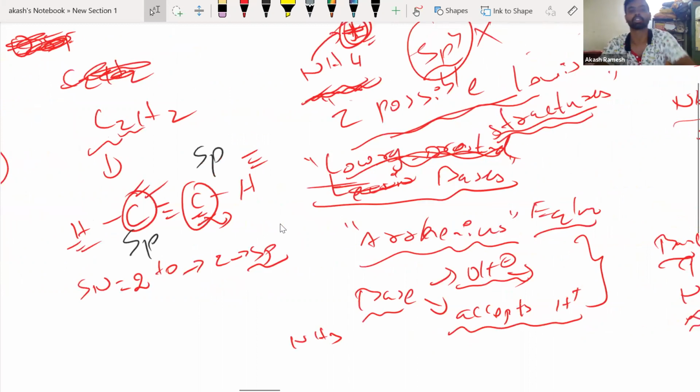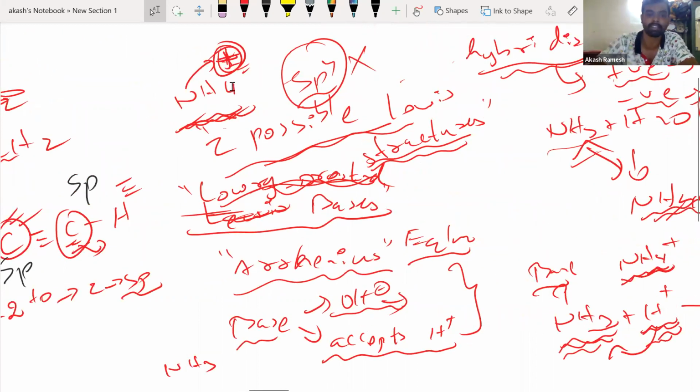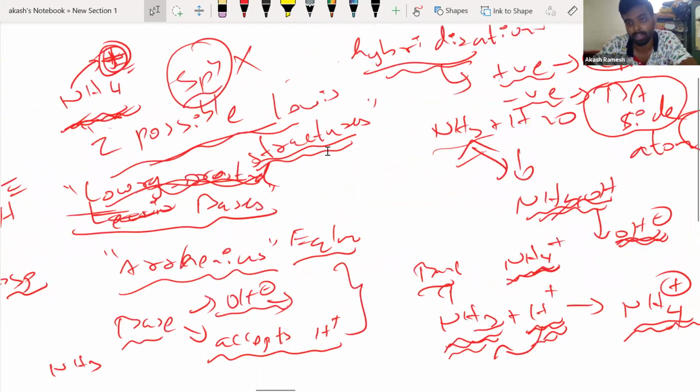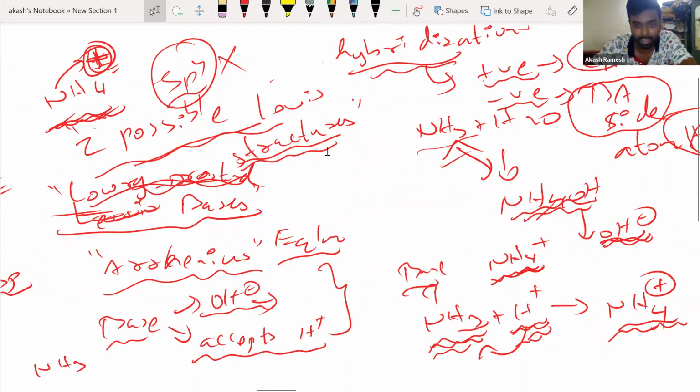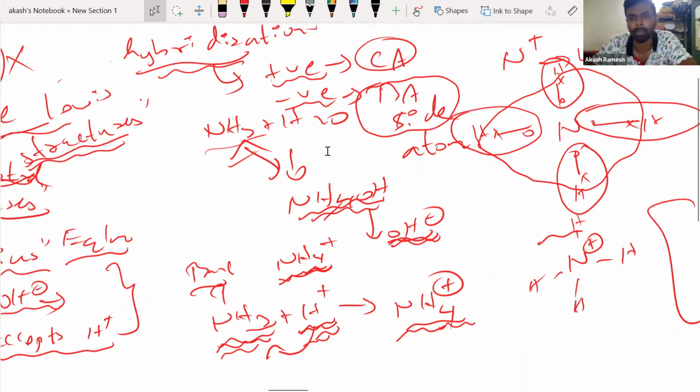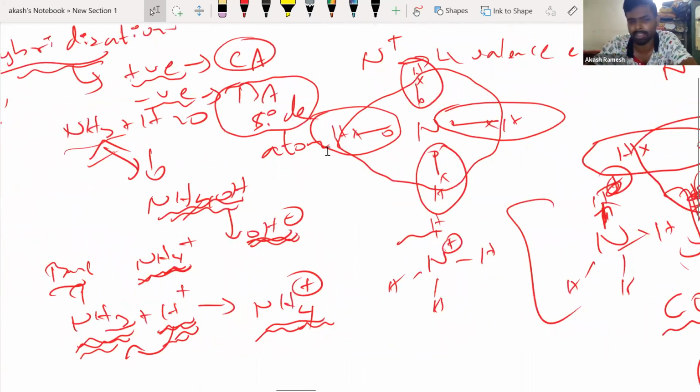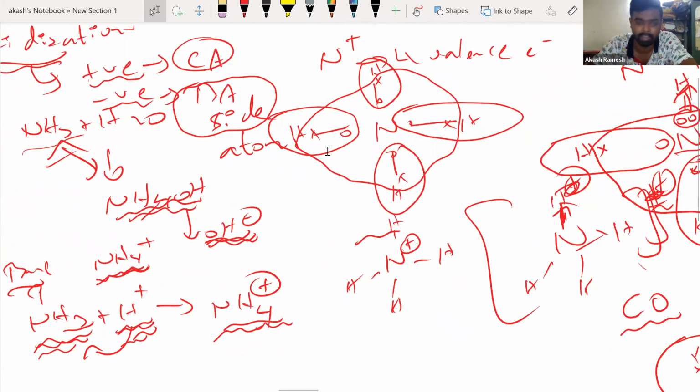And then since we took the example of NH4 plus, we went on to see the concept of coordinate bonds. We saw multiple examples where I can write two structures, one with a coordinate bond, one without a coordinate bond, and both are correct.